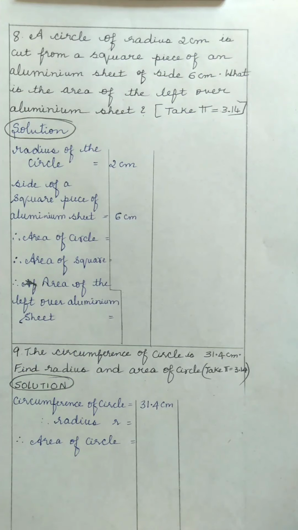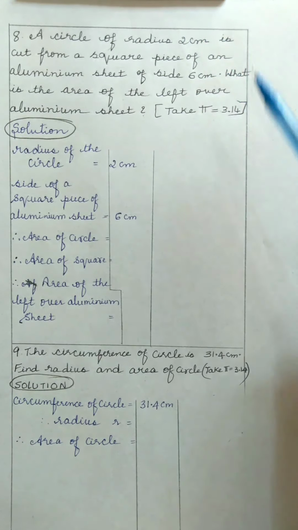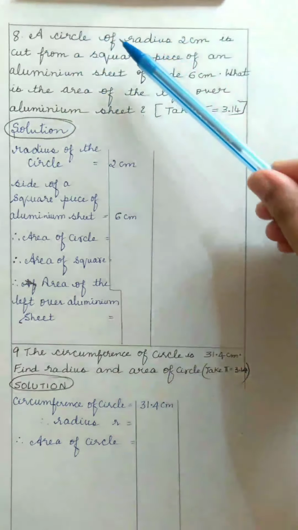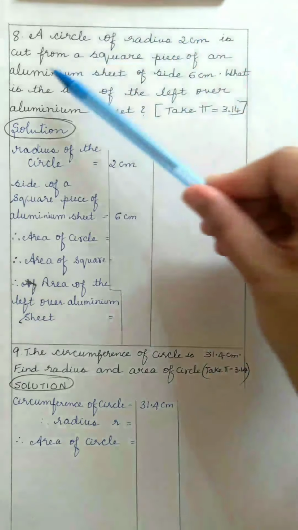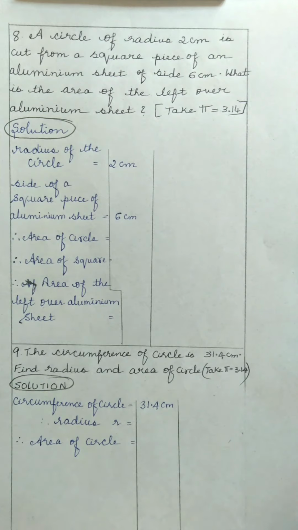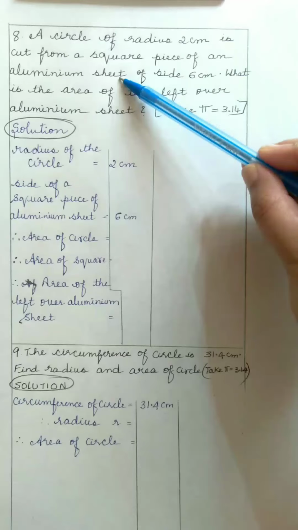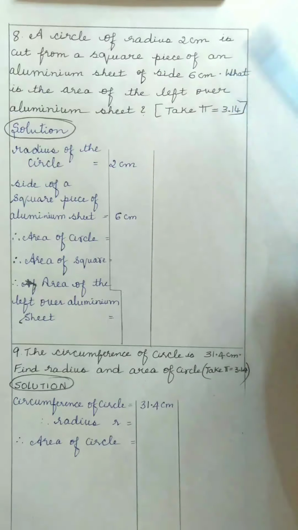8th problem, children. A circle of radius 2 cm is cut from a square piece of an aluminium sheet of side 6 cm. So, a circle was there, and from that the radius of 2 cm is cut from a square piece of an aluminium sheet of side 6 cm.